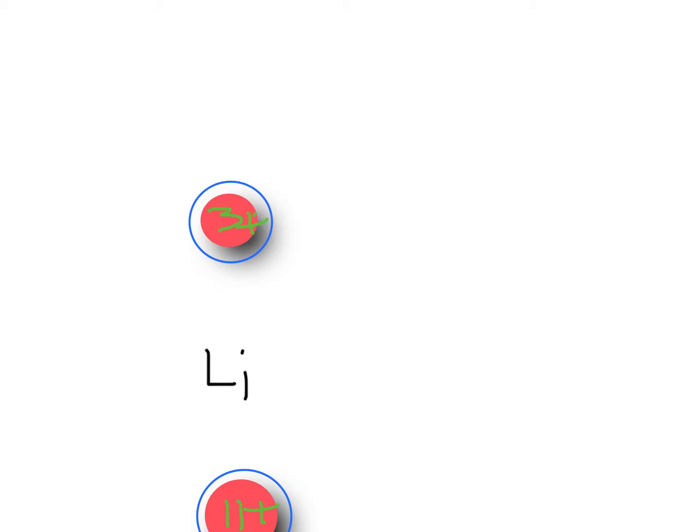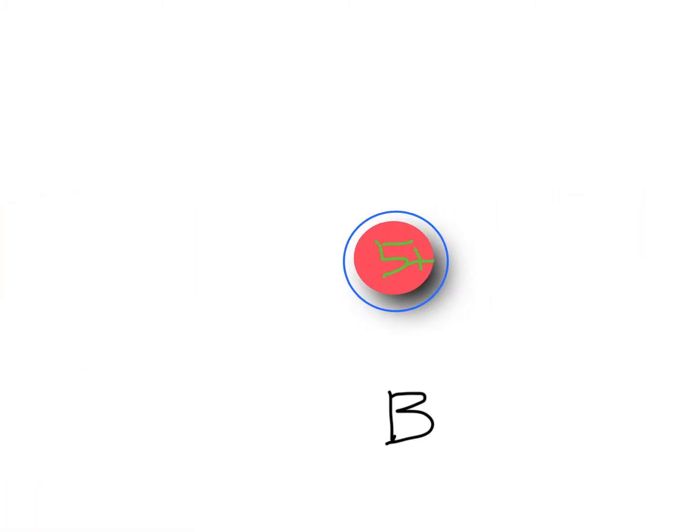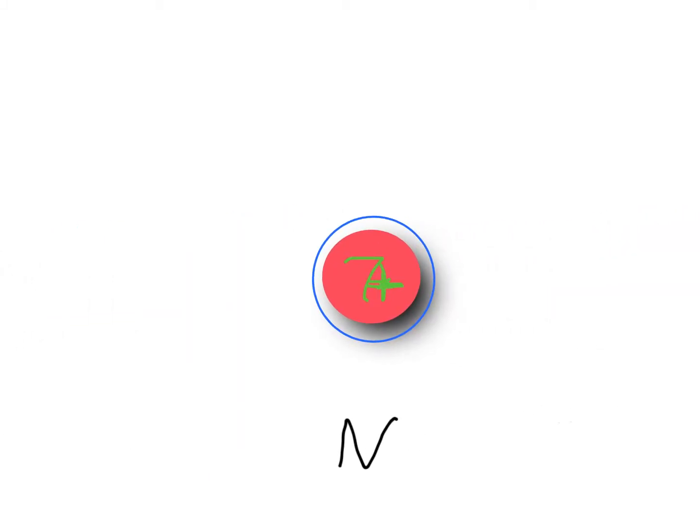And on the first energy shell, I have 2 electrons. 1, 2. As I go across each one of these, 1, 2, has a full S shell, and therefore has 2 electrons on the first energy level.